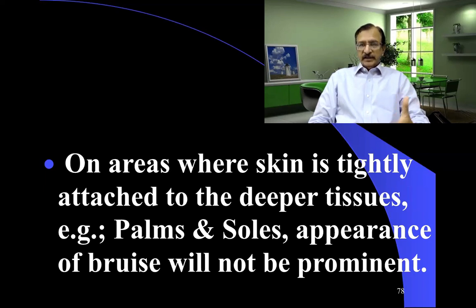When blunt force is applied to the palm and sole area, they bruise, but the appearance will not be visible. They are very tender, very painful as compared to the other areas.